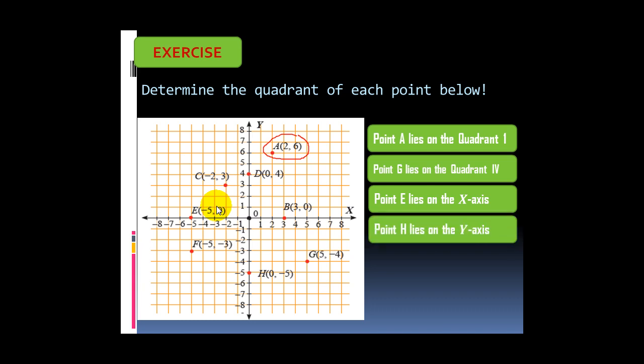And then point H, 0, -5, on the y-axis. Given the value of y coordinate, point H lies on the y-axis, and the value of x is always 0.